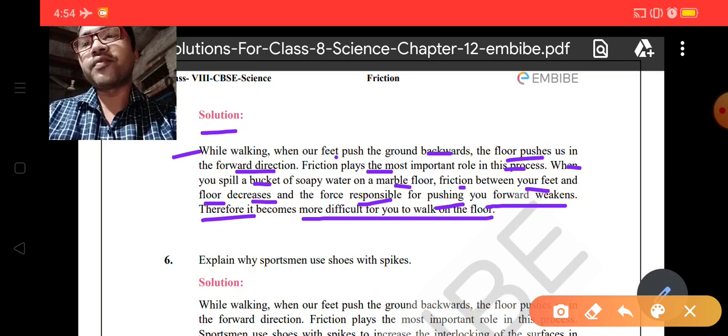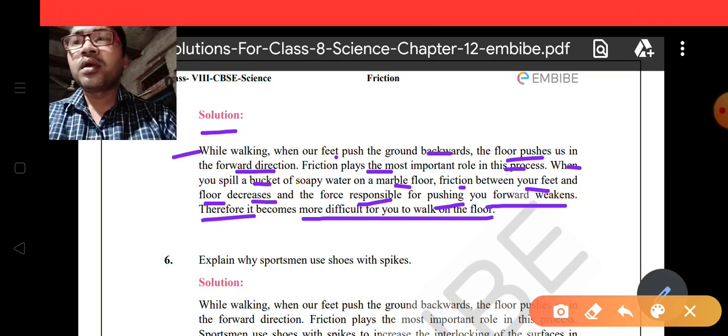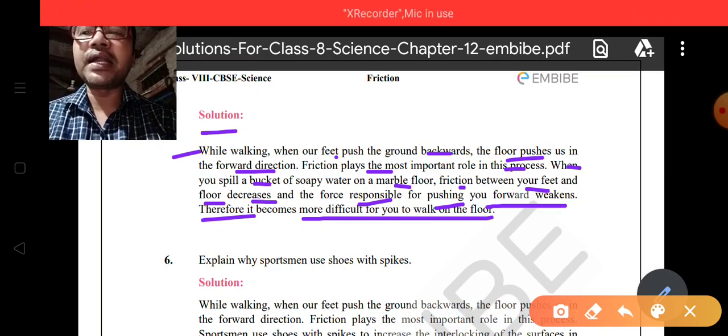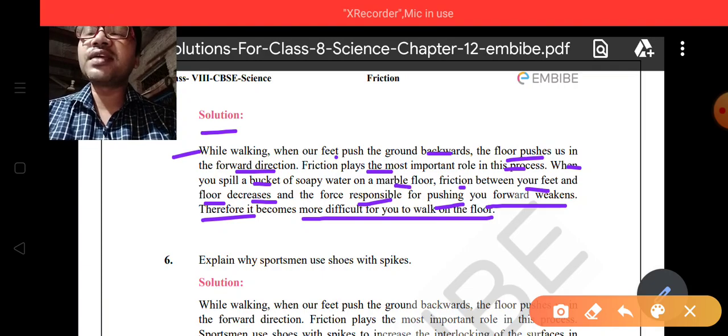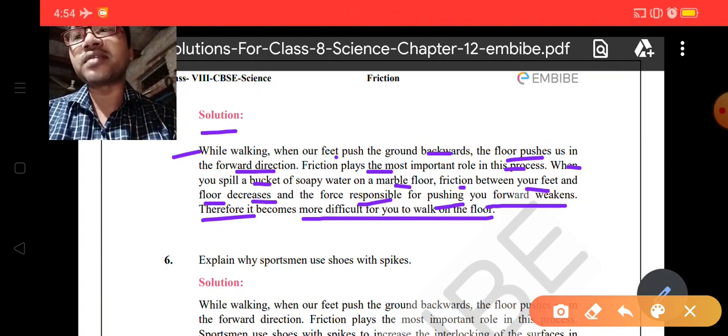Someone can fall down if the friction is very less between the feet and the surface.